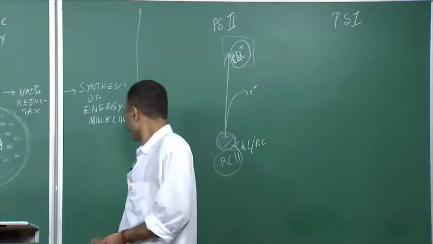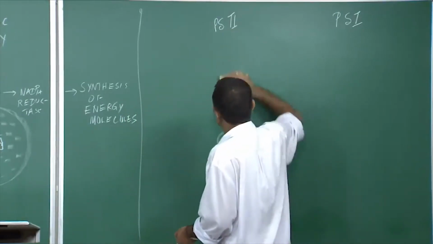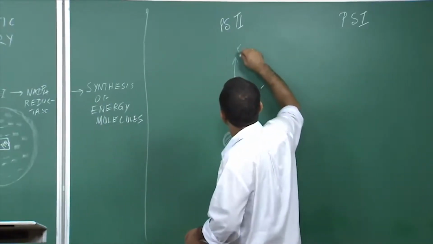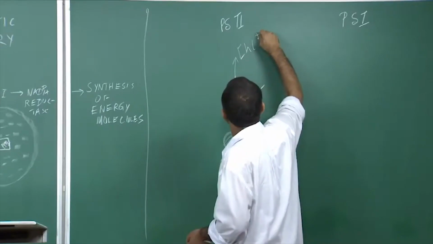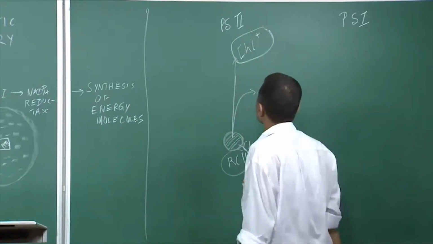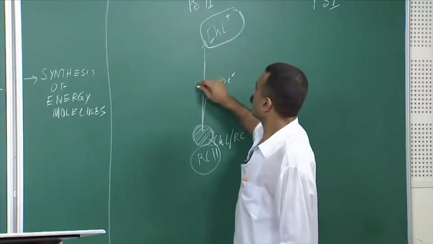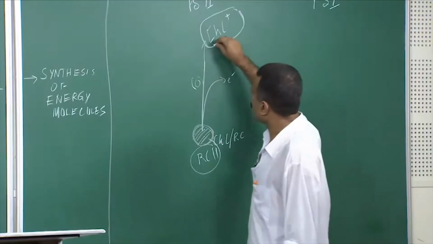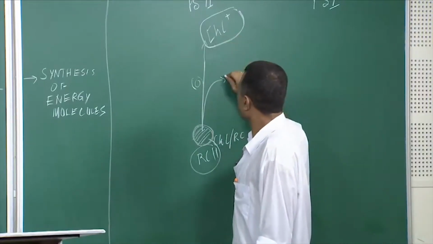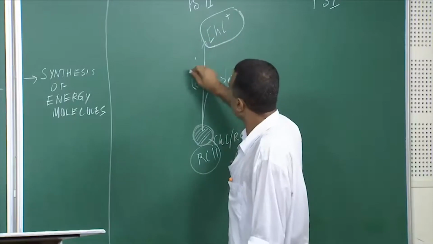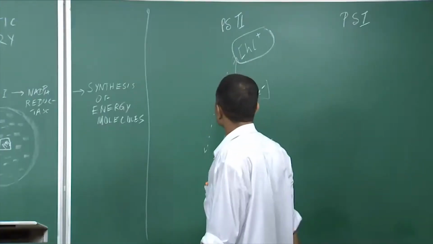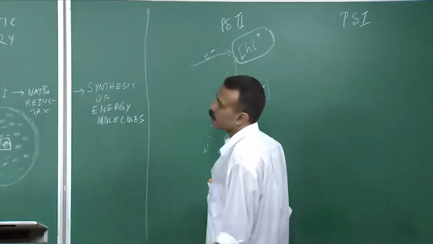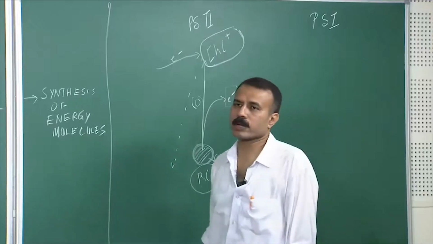While this chlorophyll molecule is devoid of an electron, it essentially got oxidized. Now, this one has already donated an electron. In order to bring it back to its ground state, this has to be supplied with an electron. Once it gets an electron, it will come back to its ground state.